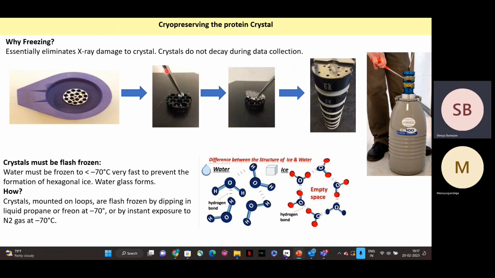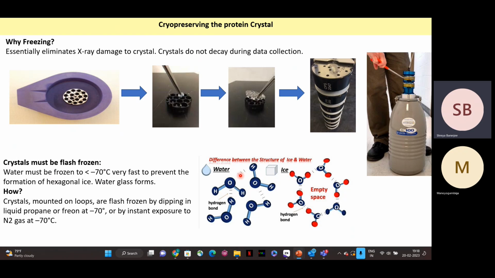So to do that, you mount the crystal on this stand, and then the stand is kept in a holder, and the holder is placed in liquid nitrogen in order to bring the temperature down to minus 70 degrees Celsius. The crystals must be flash frozen. So the water must be frozen to minus 70 degrees Celsius very fast. So why is this? 70 to 80% of the protein crystal is solvent, which is basically water.